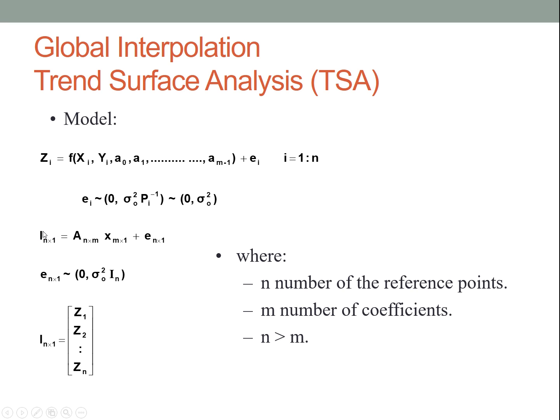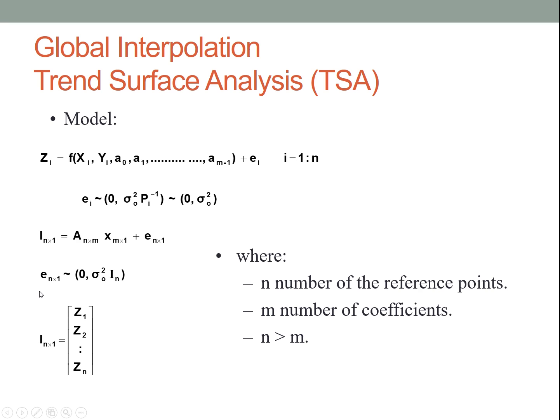So if we set up the least squares equation, L is my Z value. A is my design matrix, and X is my coefficients, and then plus E, which is my residuals. Here again, the weight matrix is the identity matrix, and so we're going to leave this out for most of the mathematics.